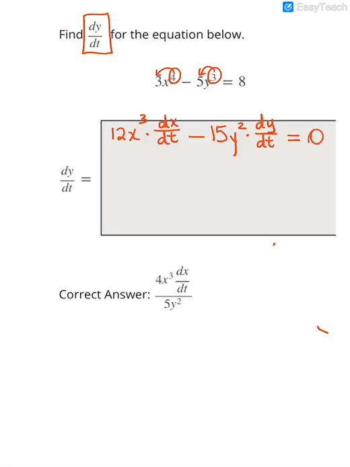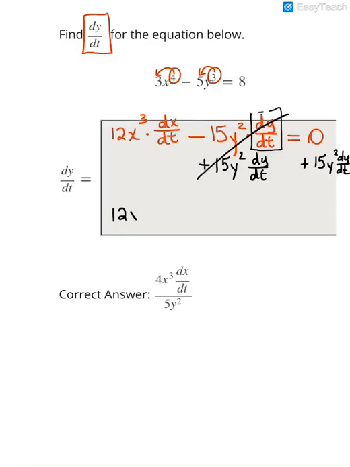Now, in this particular problem, they're asking me to find dy dt. So this is what I want to get by itself, which means algebraically I'm going to add this whole term to both sides. Okay, so it cancels there.